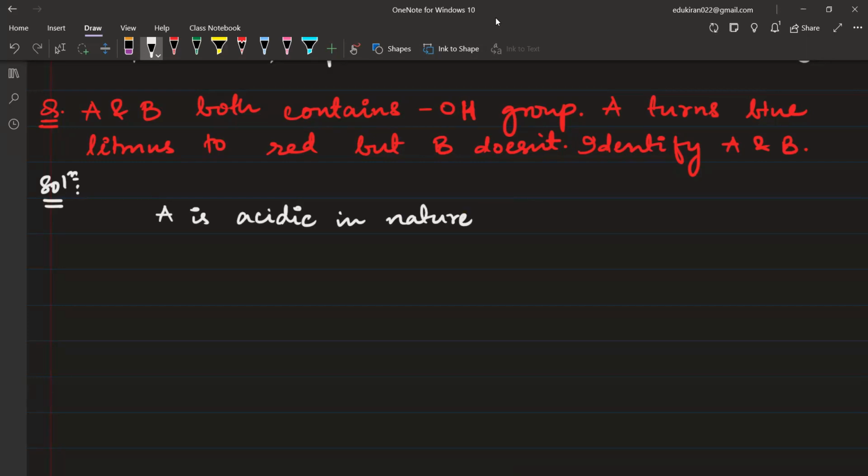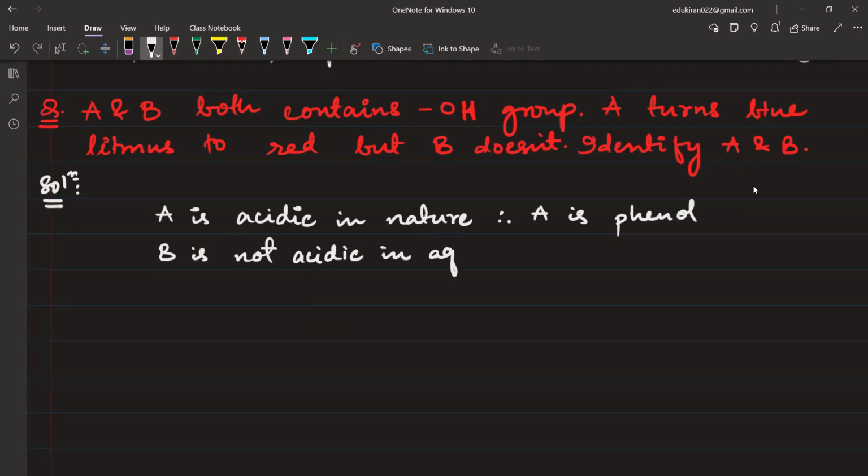Please remember, when I say litmus now, then please don't understand that it is litmus paper. Litmus is actually a solution from which we make litmus paper. So litmus already has water molecule, and that is why if A is showing acidic nature in the presence of water, A is acidic in nature, therefore A is phenol and B is not acidic in aqueous solution.